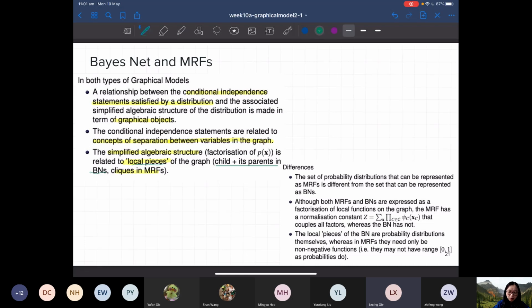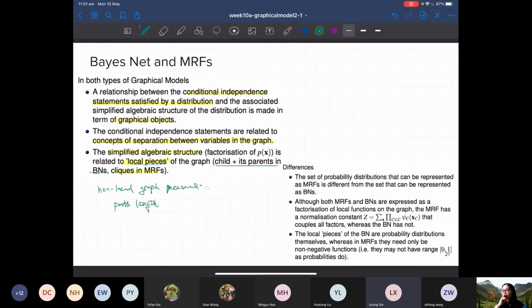Examples of non-local graph properties or measures don't quite count, right? So for example, path length. We care about whether two nodes are separated.